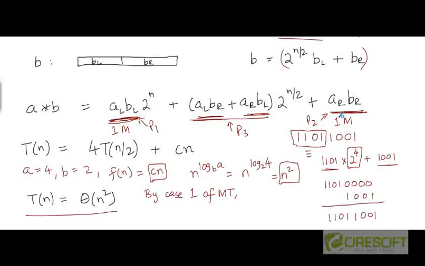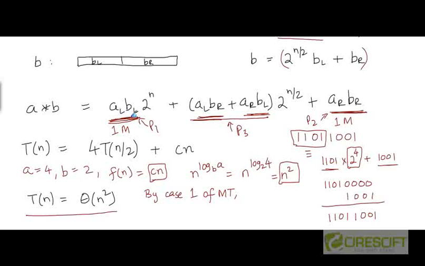Take P2 as it is, take P3 and append n by 2 zeros to the right of it, and then add these three numbers. So firstly, this shifting operation, or this operation of appending zeros, is going to take time proportional to n, because we are appending n zeros here and n by 2 zeros over here. So that's going to take time proportional to n.